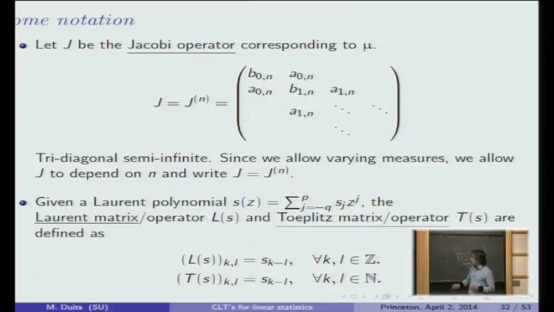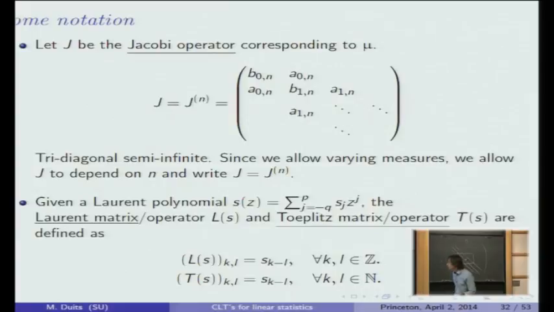So okay, we have the Jacoby operator here. I also need the Laurent operators and the Toeplitz operators. The Toeplitz operators are just semi-infinite matrices that are constant along the diagonals. And the Laurent operator is infinite in both directions. Okay, and I will only use those matrix operators here with a band structure.